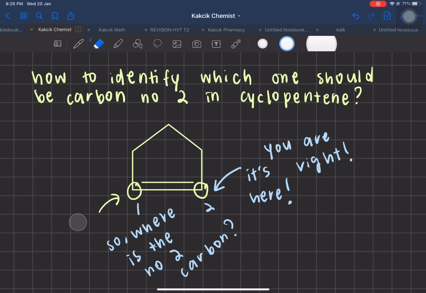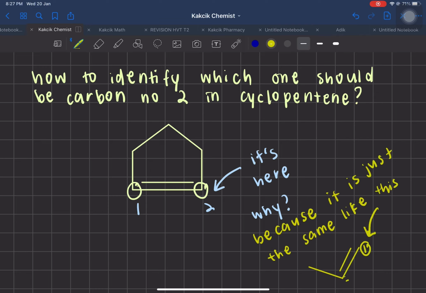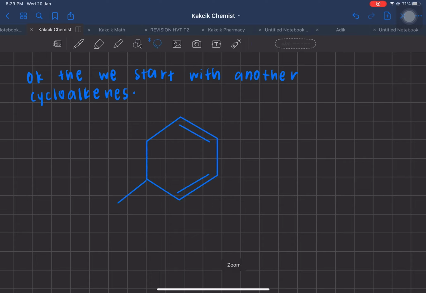So carbon number 2 tu dia akan letak dekat hujung garisan double bond tu. Okay, macam structural formula, dia akan letak di antara 1 dengan 2. Faham?